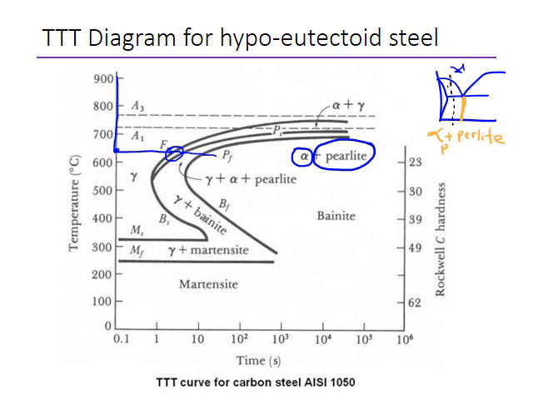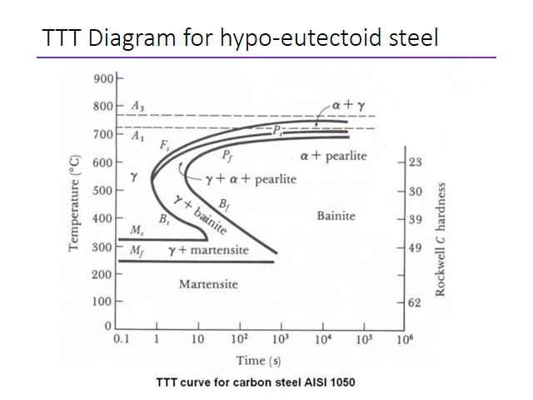So this is true only for this region. Below this temperature, you are no longer under equilibrium, so this is not true anymore. So it's not like now we can calculate the amount of primary ferrite using the lever rule because we are away from equilibrium, so we can't use the phase diagram.